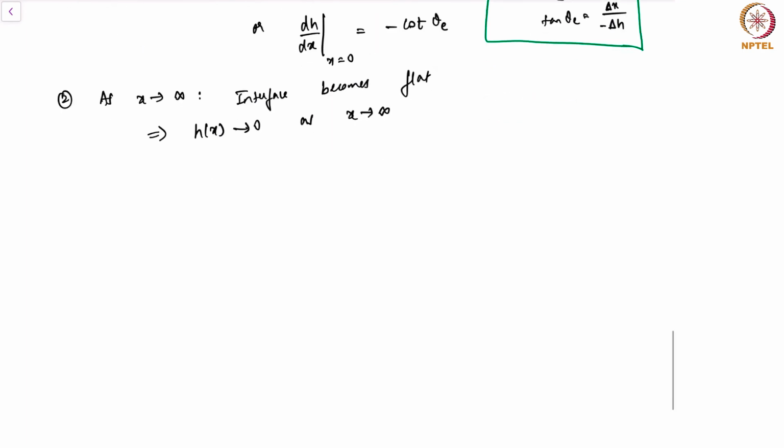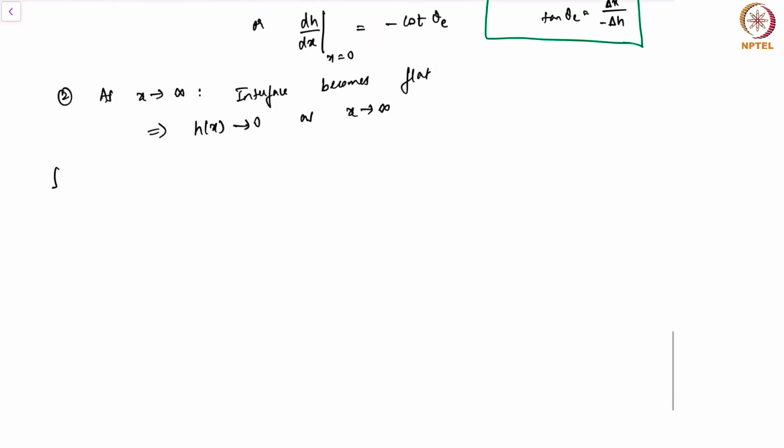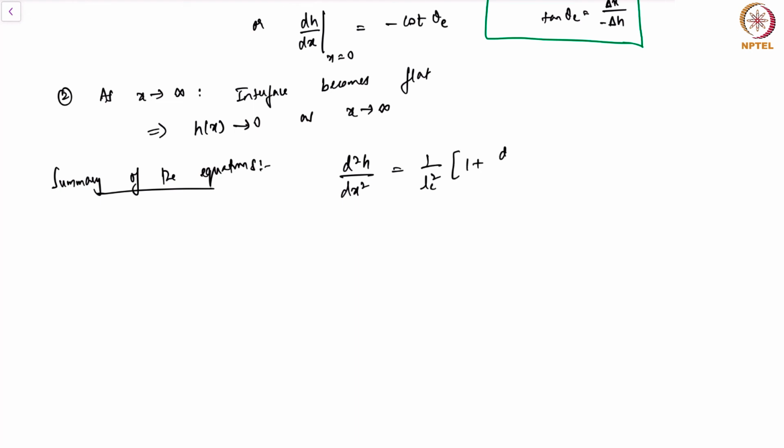Let's summarize the main equations. The summary is as follows. We have d square h by dx square is equal to 1 by lc square into 1 plus dh by dx whole square whole power 3 by 2 times h of x.